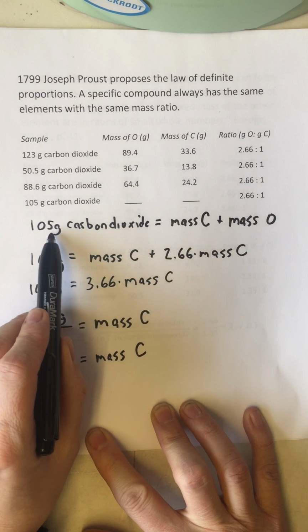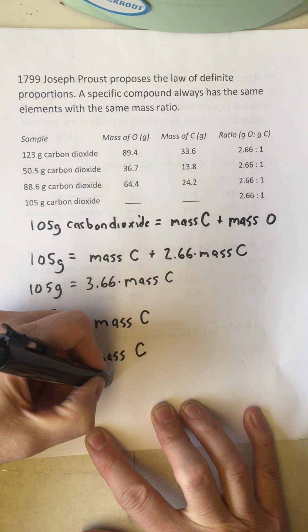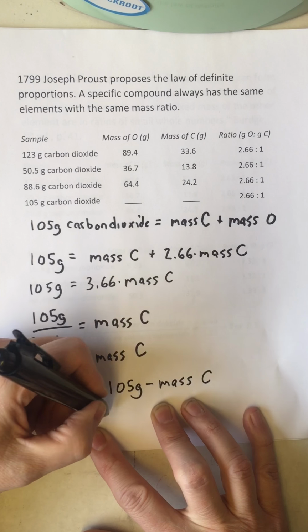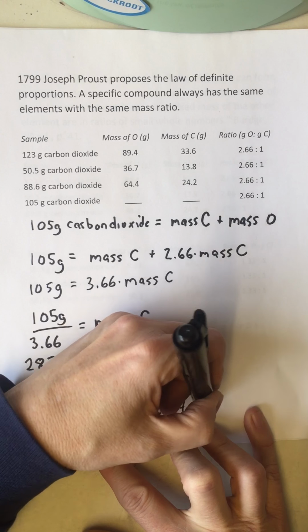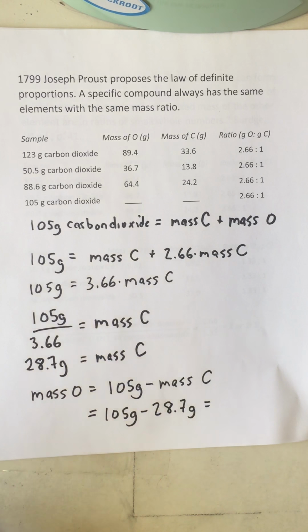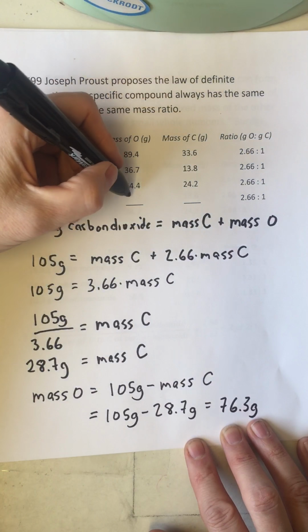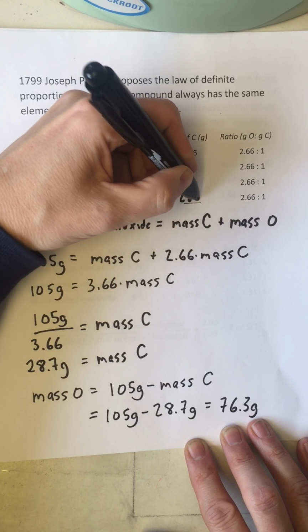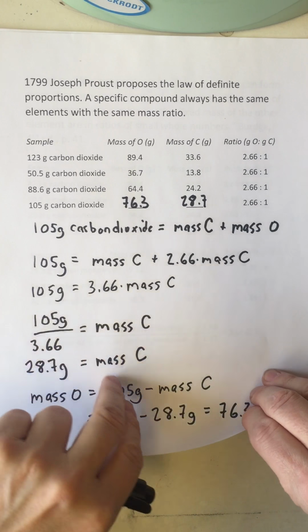The mass of oxygen would just be the total, 105 grams, minus the mass of carbon, 28.7 grams. Simply put, 105 minus 28.7 would give us 76.3 grams. And that's the mass of the oxygen. So now mass of oxygen, 76.3, and the mass of the carbon, 28.7. You could do a check and see that this ratio is equal to 2.66 to 1, and it would be. And so there's our calculation.